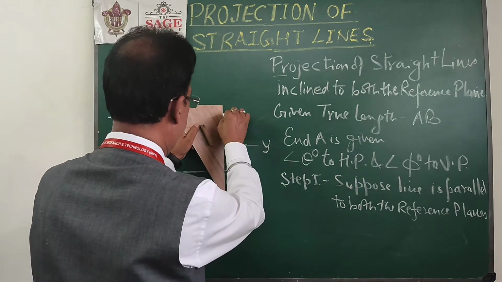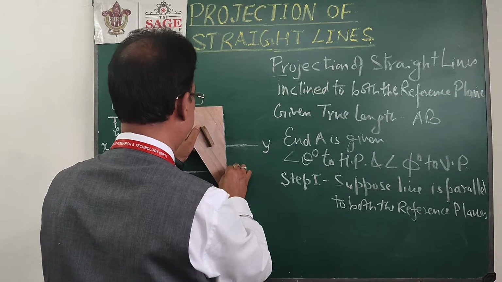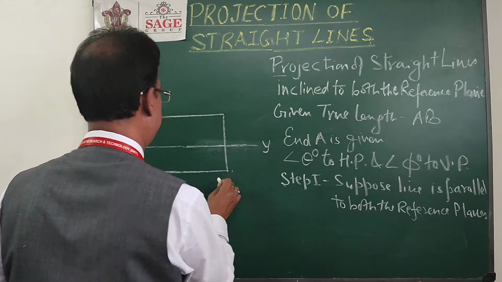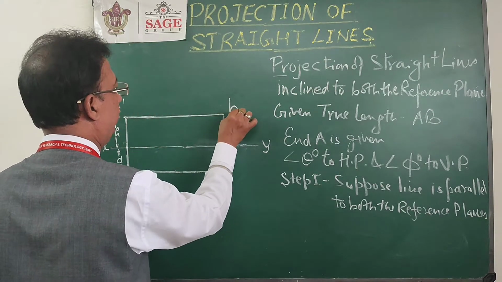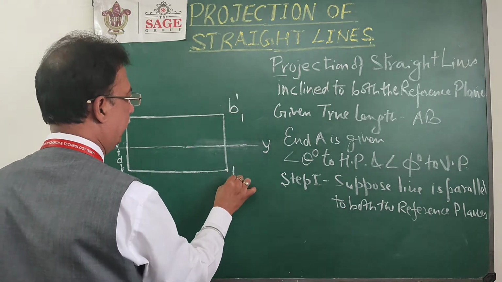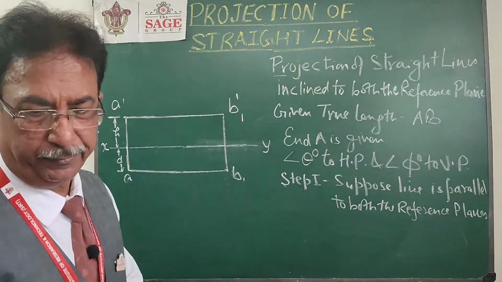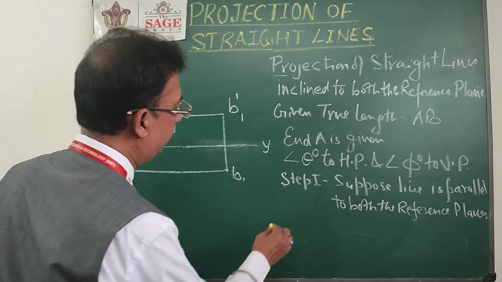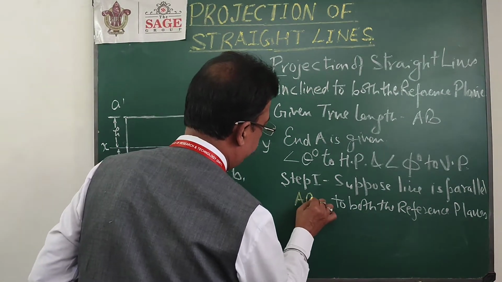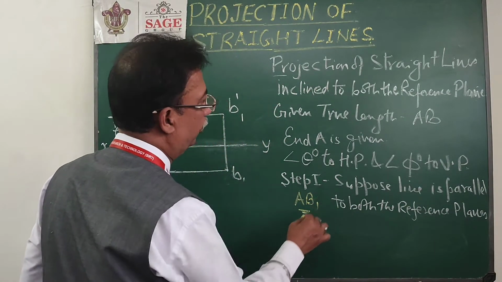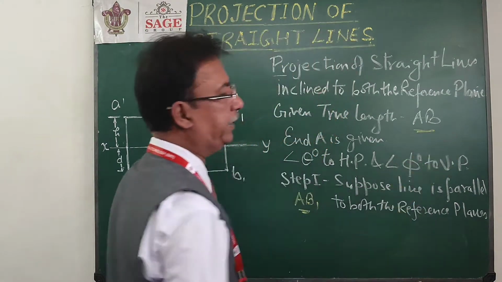So this is my line. This line is parallel to both, and I will name it b1 dash and b1. So actually the name I have given to this line will be not AB, but AB1, because AB will be the line which is inclined to both.